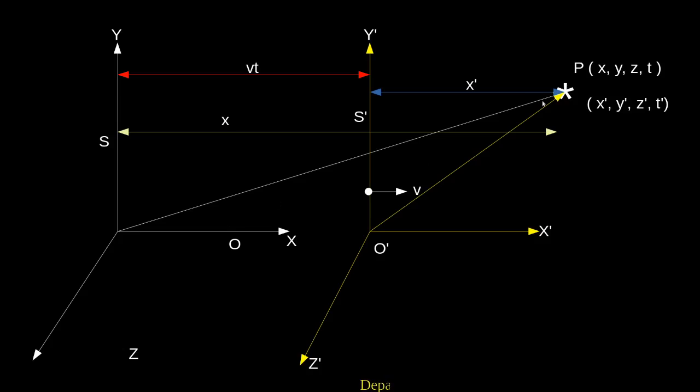The event is P, a light signal, produced when both t and t dash are 0, when the origins of the two frames coincide. The event P is determined by the coordinates x, y, z and t for the observer O, and for observer O dash, it is x dash, y dash, z dash, t dash.